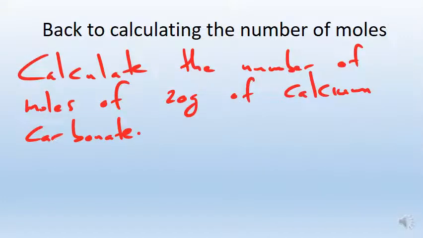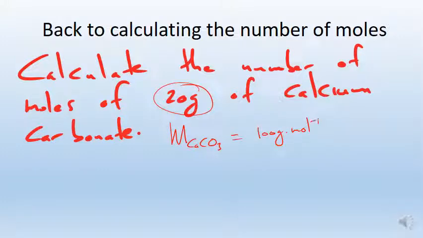Similar to the previous question, here we've got 20 grams, which is the mass of calcium carbonate. But recall, what is the molecular mass of calcium carbonate? Calcium carbonate, CaCO3, and if you remember, this was 100 grams per mole. Just store this information in your minds, your beautiful minds.